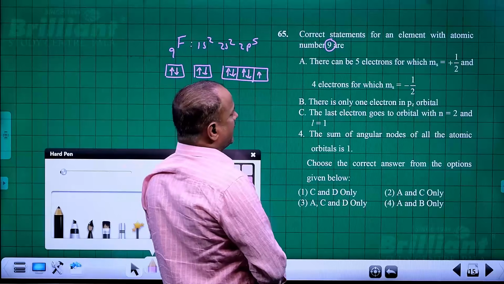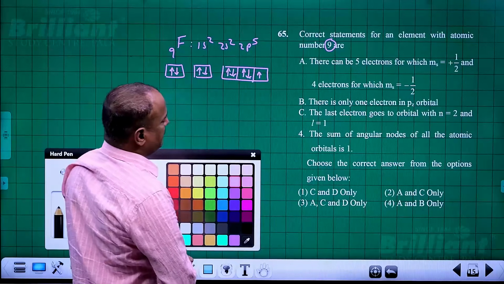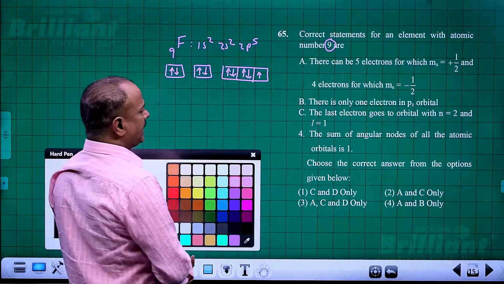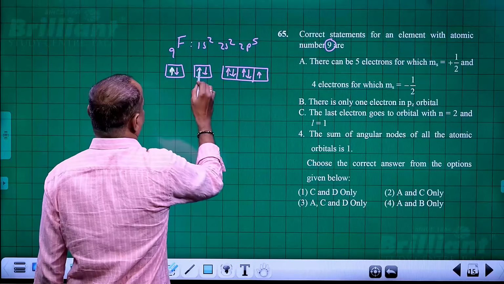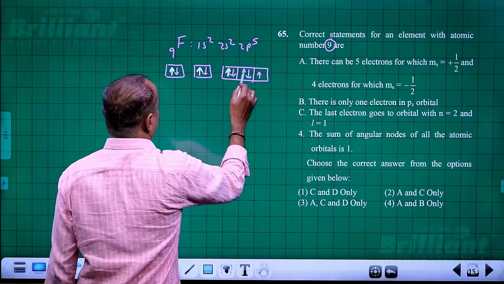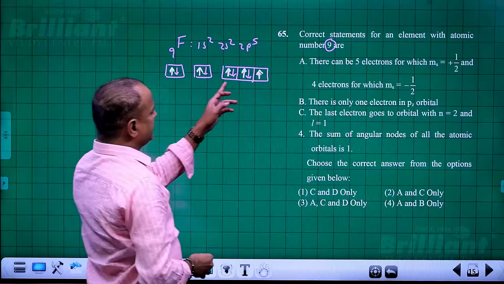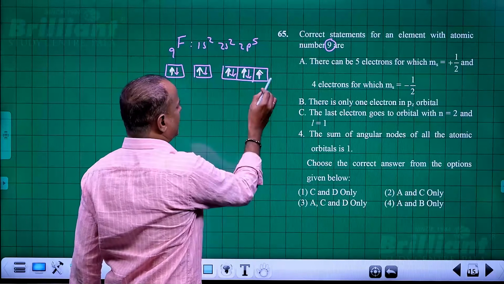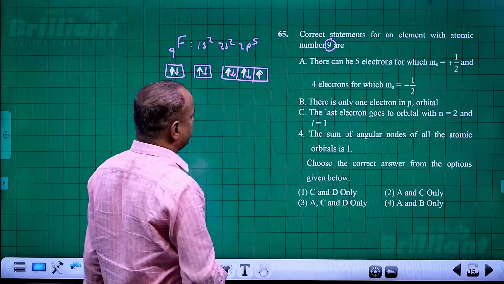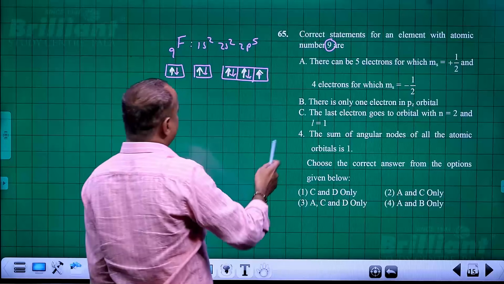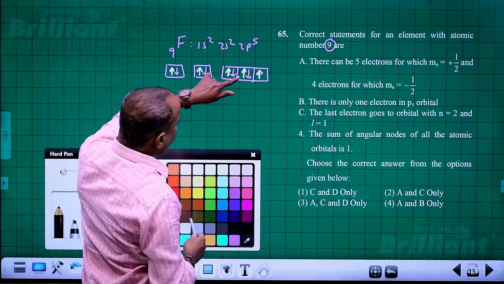First one: there can be 5 electrons with ms value plus 1 by 2 and 4 electrons with minus 1 by 2. Check: 1, 2, 3, 4, 5, because in the case of p orbitals, first they fill clockwise, next pairing happens anti-clockwise. Correct. Then anti-clockwise: 1, 2, 3, 4.